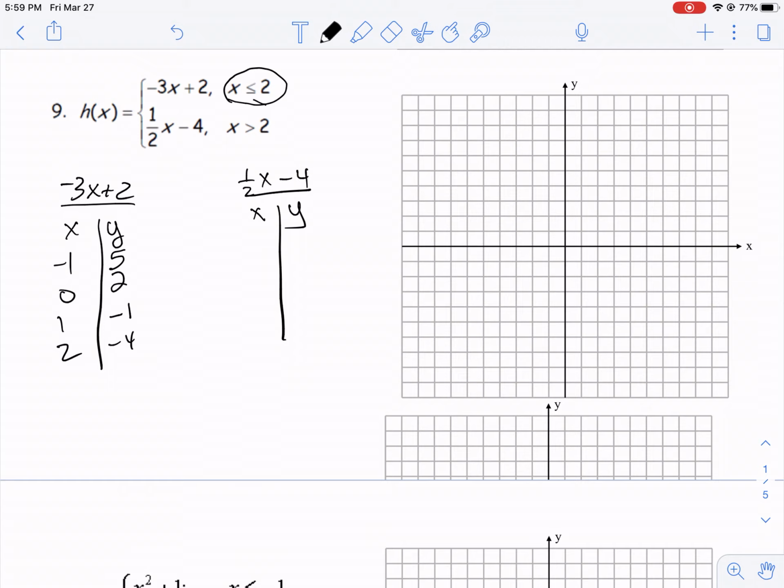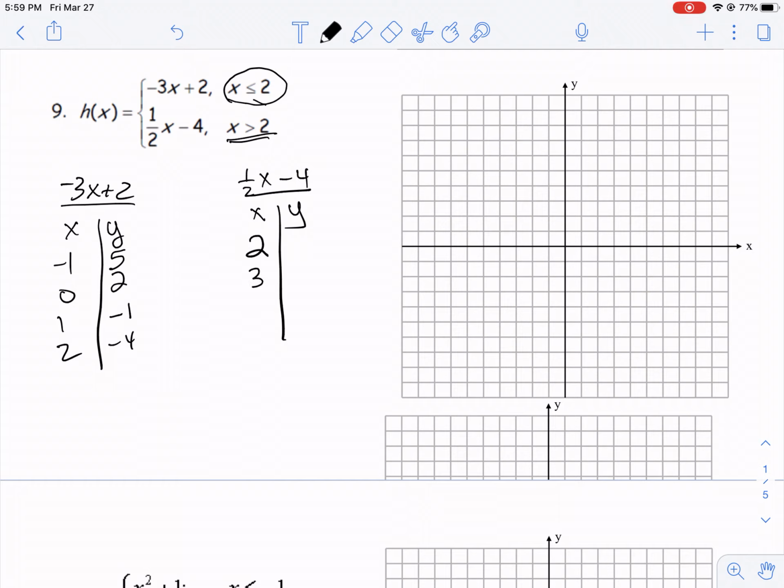Alright, that table's done. Now we're going to go into y equals and type in 1/2 x minus 4 and go get a table. And this says for all values greater than 2. But even though there's no equal sign, remember, I still want the 2 in my table.